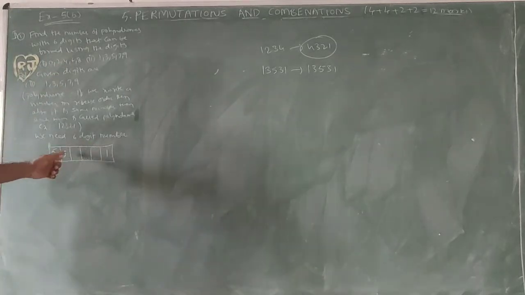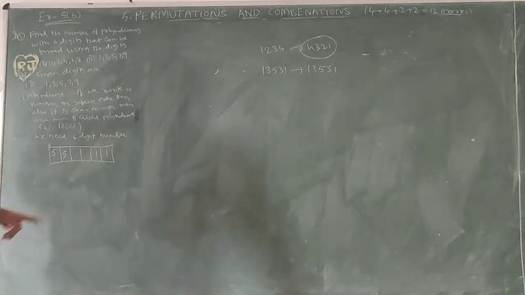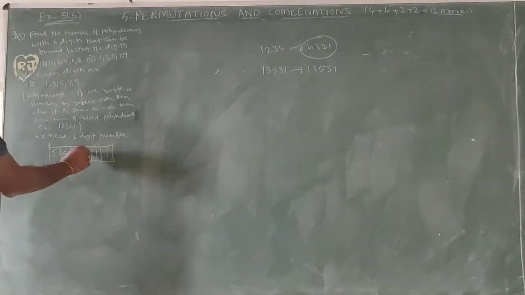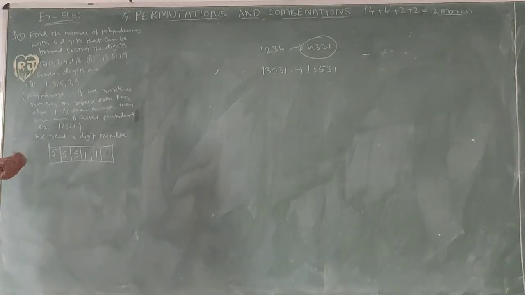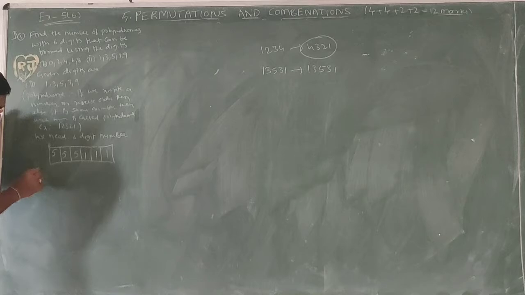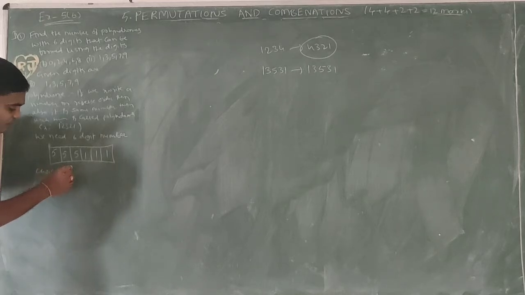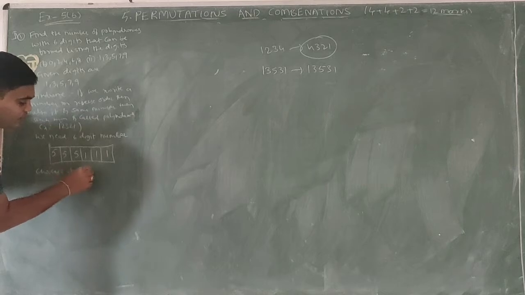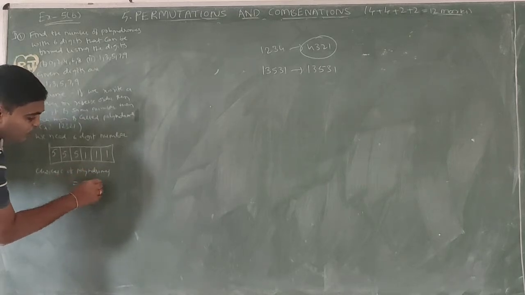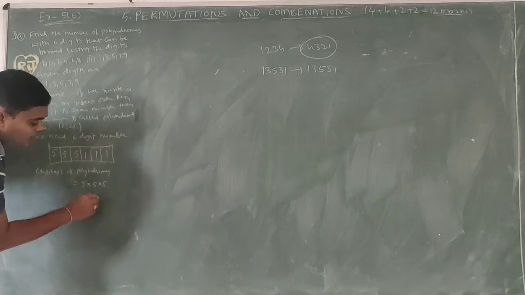The second from last should be the same as this one, only one chance. So the number of palindromes is equal to 5 into 5 into 5, which is equal to 125.